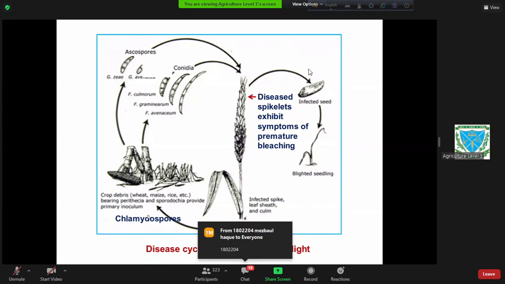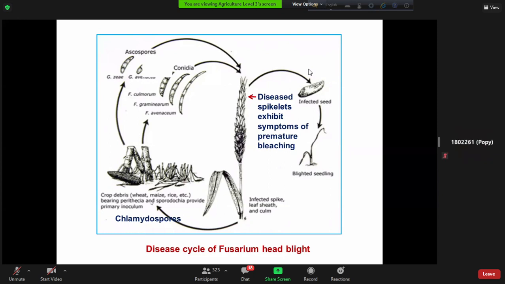Fusarium graminearum or Gibberella zeae can survive or overwinter or perennate on the residues or debris as chlamydospore or as fruiting structure perithecia. The chlamydospore after germination, they produce conidia, but perithecia after germination, they produce ascospore.